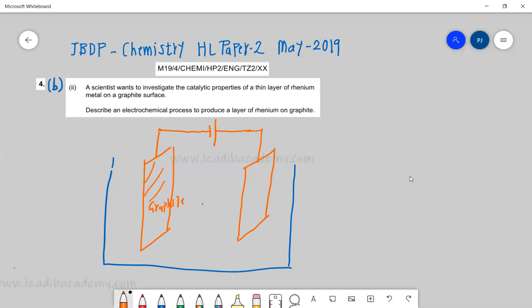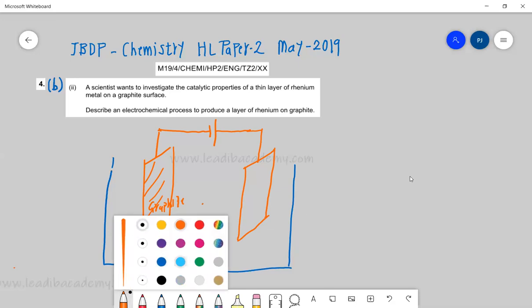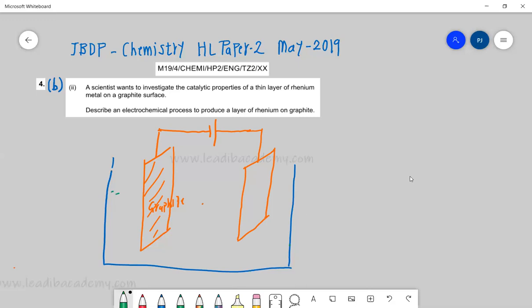Then let's put the salt of rhenium, so let's say rhenium chloride. Okay, rhenium chloride. Then what will happen?